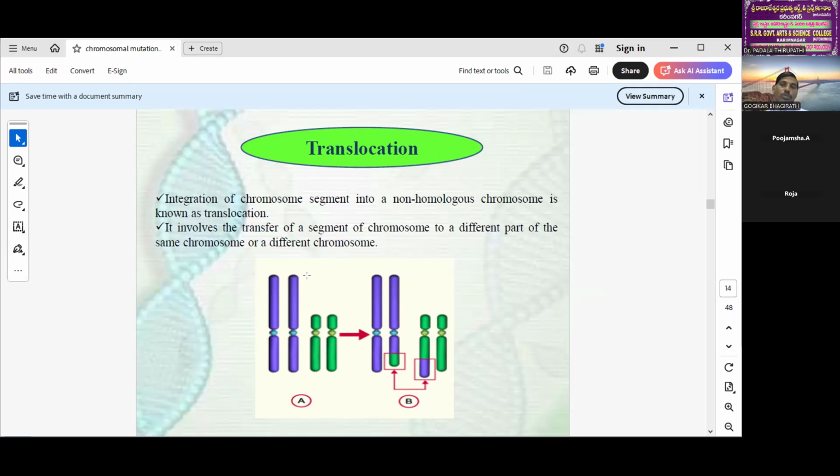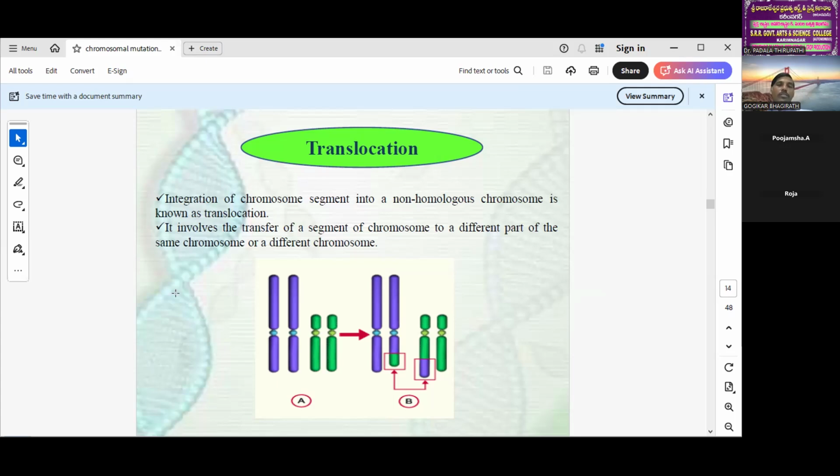As I already told you at the time of linkage, in every organism the haploid chromosome number is equivalent to the linkage groups. In these linkage groups, a block of genes is shifted from one linkage group to another. The integration of a chromosome segment into a non-homologous chromosome is known as translocation.